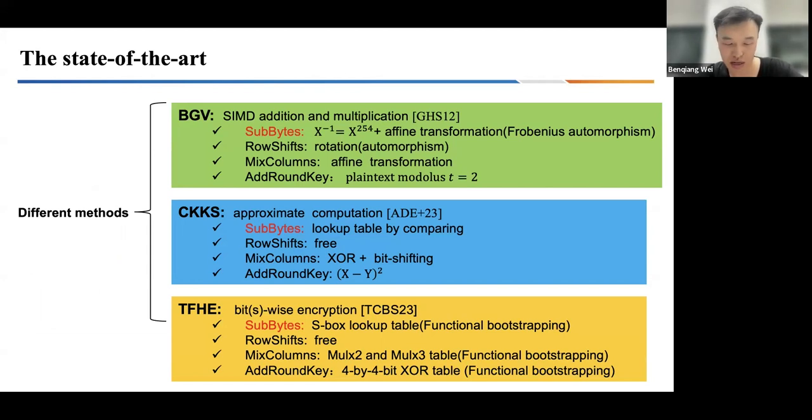For example, in 2012, Gentry presented the first homomorphic evaluation of AES based on BGV, and recently homomorphic evaluations of AES based on CKKS and TFHE have been proposed, and they used very different techniques to compute the AES according to the characteristics of the FHE scheme.